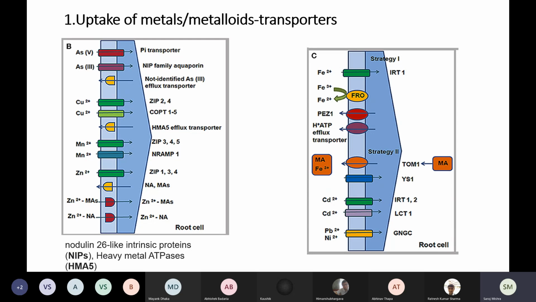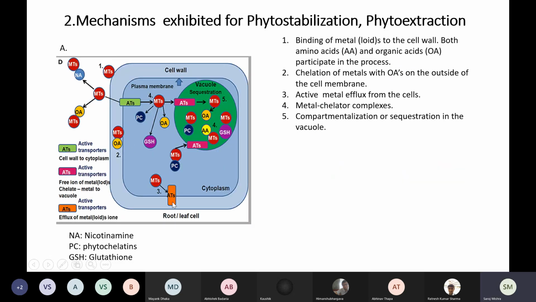So when we talk about efflux of metals, it is already located within the root cell, and if the concentration of the metalloids becomes too much, they are able to efflux them out. So these are the various biochemical mechanisms which the plants use to maintain a balance of certain metal ions.